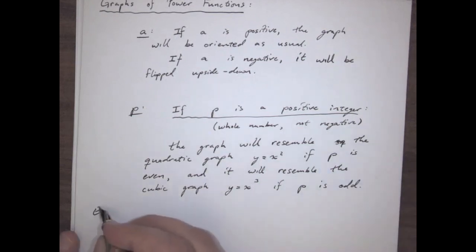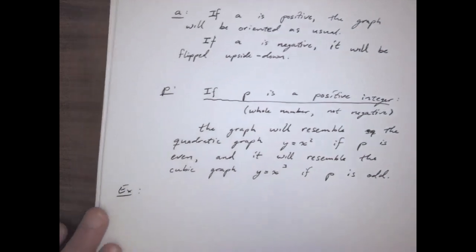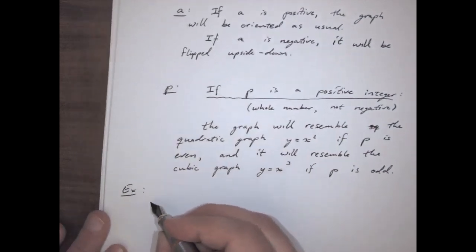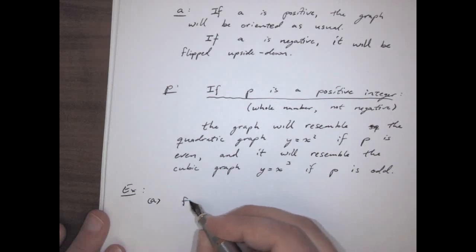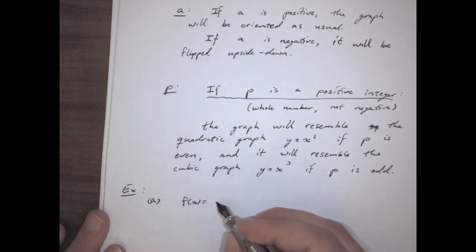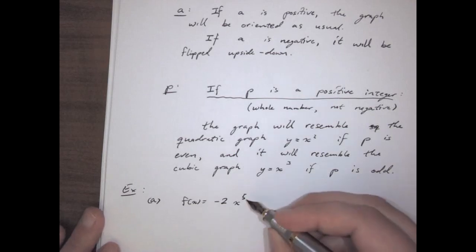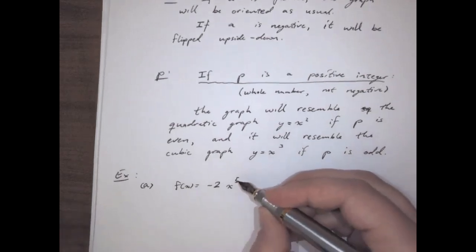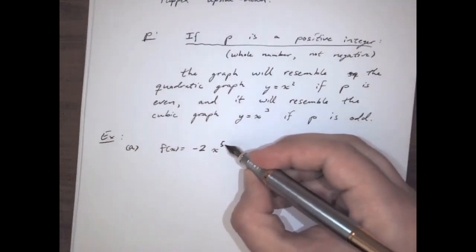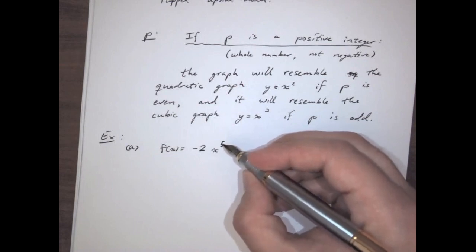So for example, let's say we had f of x equals -2, so that's going to be the coefficient, x to the power of 5. So the power here is positive, that's the important thing, and it is an integer. It's not a fraction, it's not a decimal.